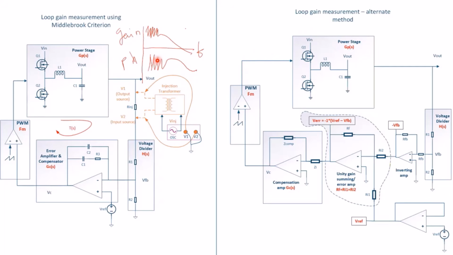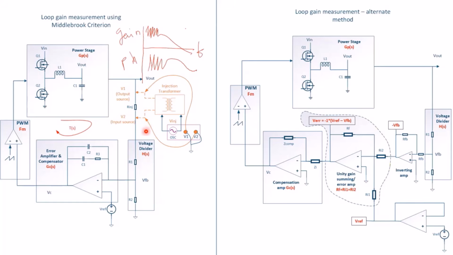On the left side, we have our standard loop gain measurement method, by breaking the loop using an injection resistor, which is used to inject the AC signal for the loop gain measurement.